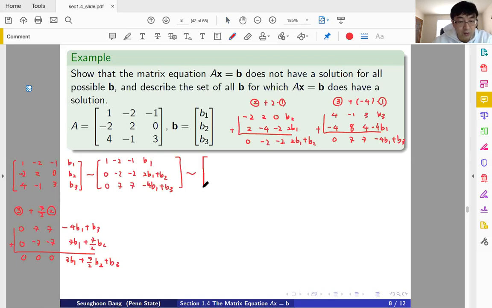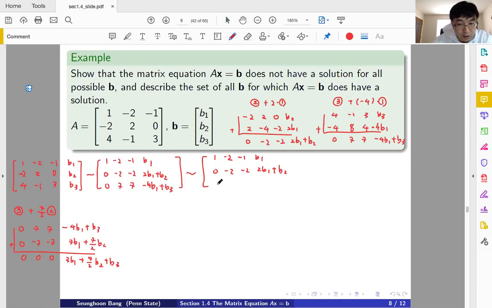So the augmented matrix: you keep the first row 1, negative 2, negative 1, b1. The second row 0, negative 2, negative 2, 2b1 plus b2.